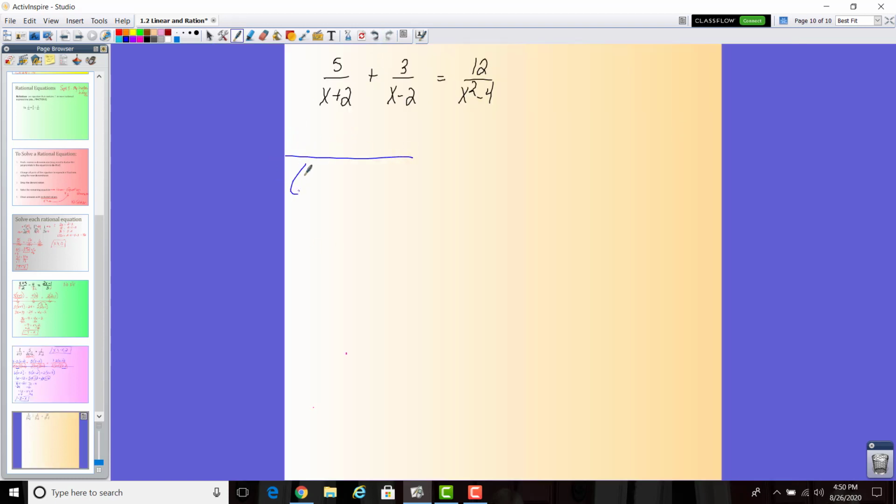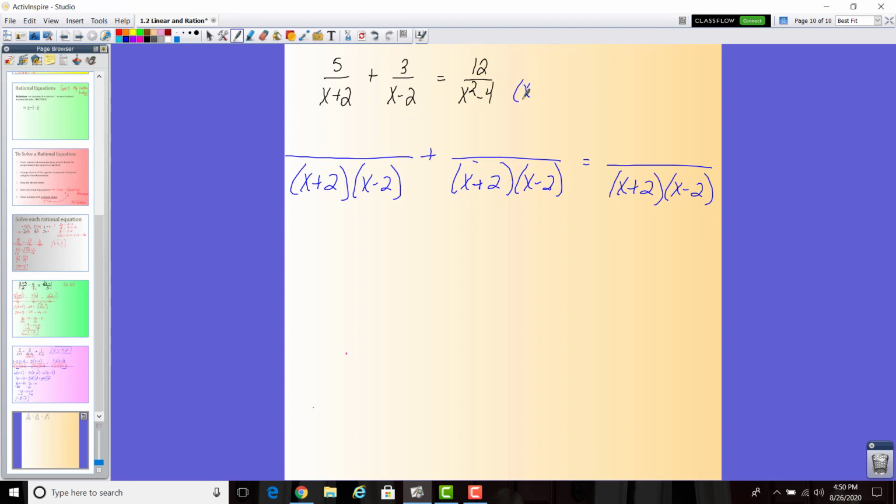Again, I have a factor of x plus 2. So that has to go into my common denominator. This denominator is made up of the factor x minus 2. I don't have that, so I need to put that into my common denominator.